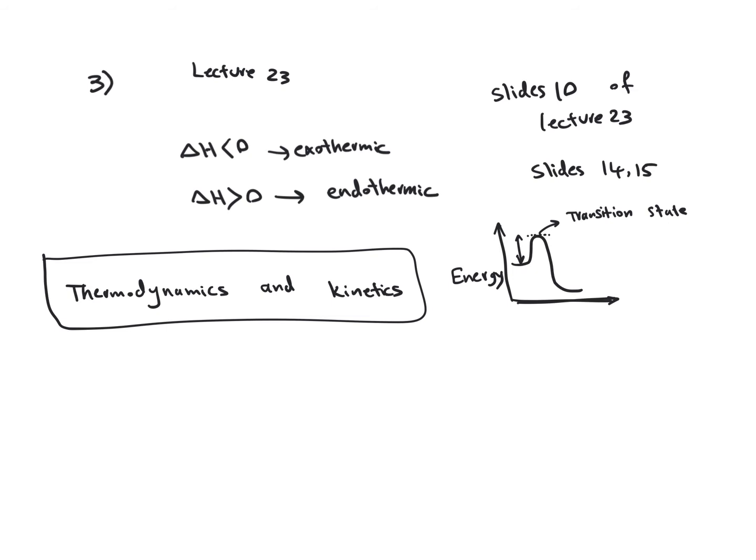So thermodynamics tells us whether or not a reaction occurs. If you have aA plus bB gives cC plus dD, and also cC plus dD gives aA plus bB, with the help of thermodynamics, you know whether the reaction goes right to left or left to right, whether a reaction occurs or not.